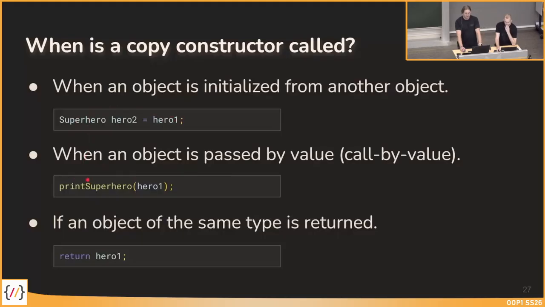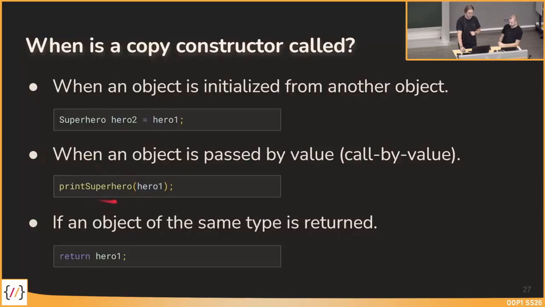But also when we, for example, call any function or method and pass this object here, hero1, by value, so not as a reference but the actual value of this object, this will also call the copy constructor. Because when we pass this object to this function, in reality a copy of this object is created, and since a copy is created, the copy constructor is called.